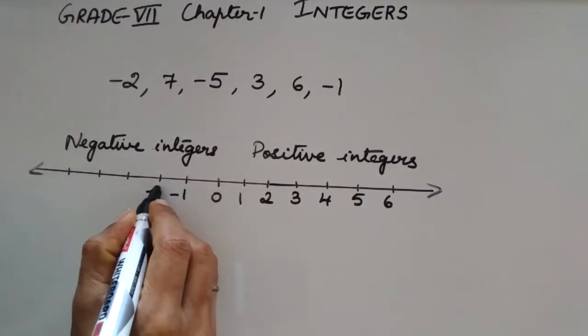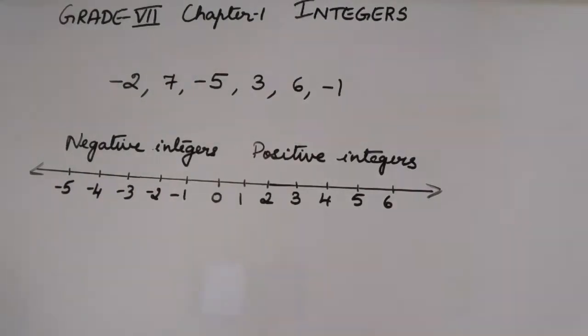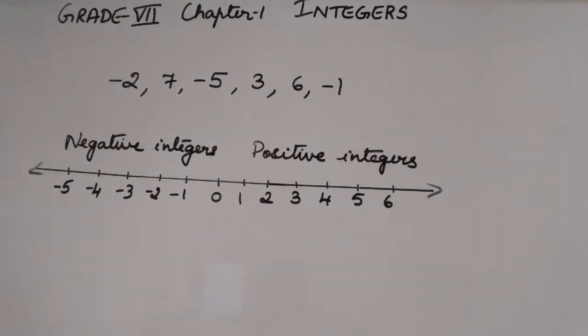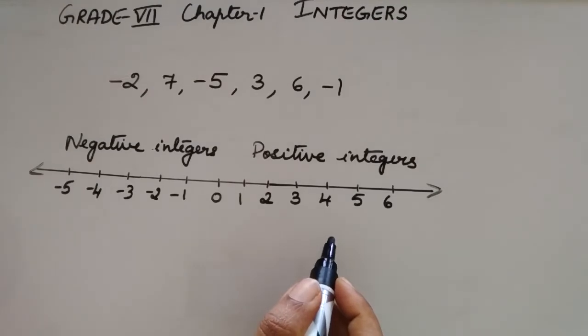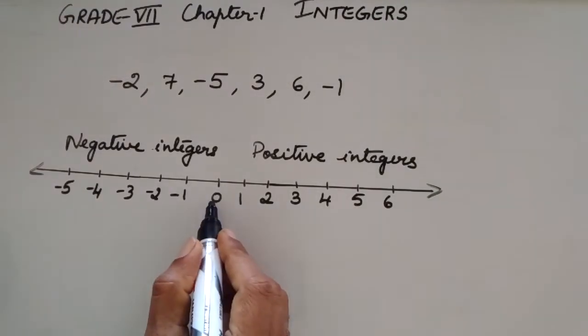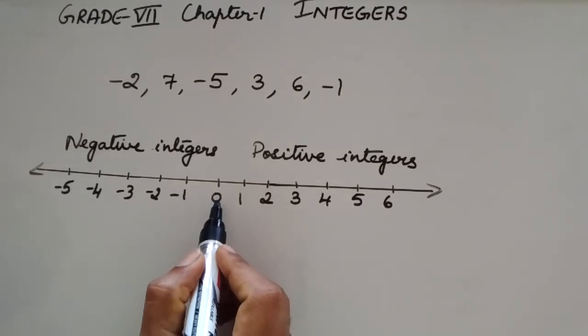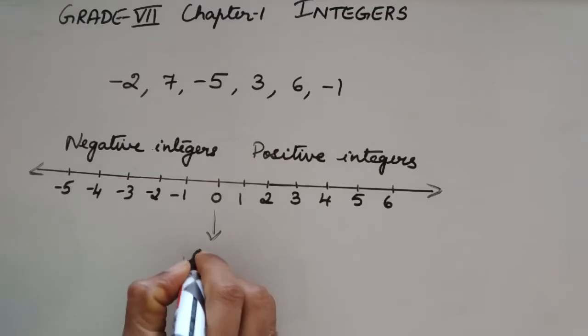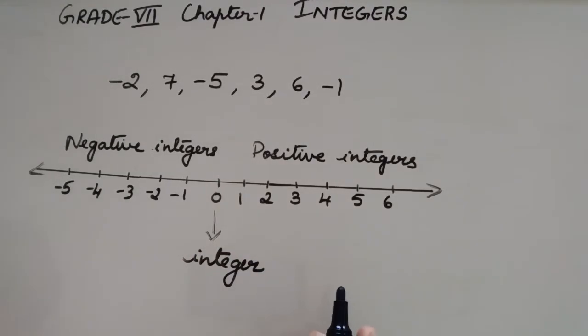Negative integers: -1, -2, -3, -4 and -5. And we have 0, isn't it, students, here? So 0 here, it is in the middle. So 0 is also an integer. 0 is also an integer.